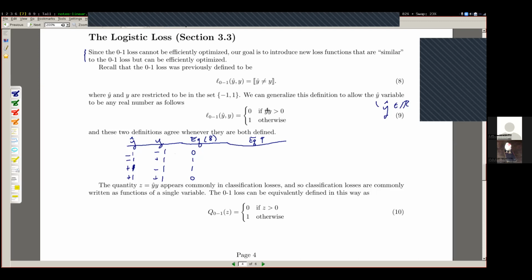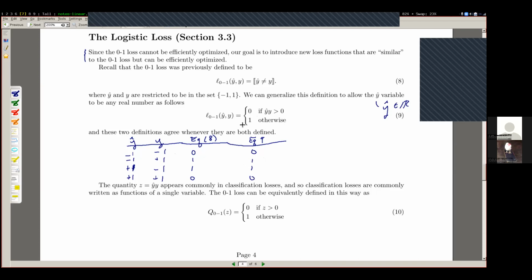That's greater than 0, so we get a 0 output for equation 9. Whenever y hat and y have opposite signs, -1 and +1, this term right here will be negative, and so this will be false. We'll come down here to the otherwise, and we get 1 when they have opposite signs, and then again, the same sign is going to give us a 0.